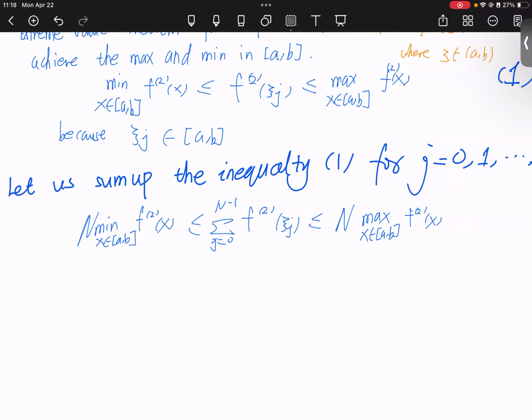That's something similar to what you have in the intermediate value theorem. Let's go back and take a look at the intermediate value theorem.